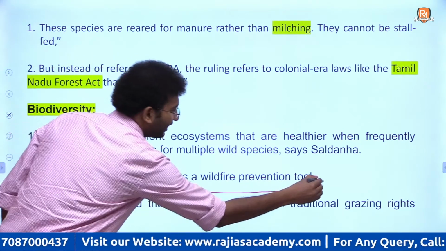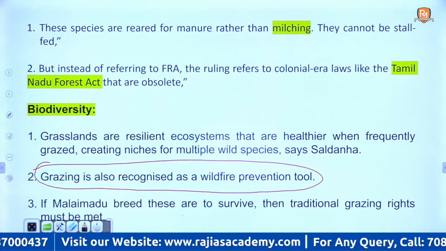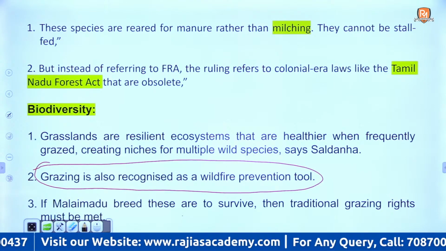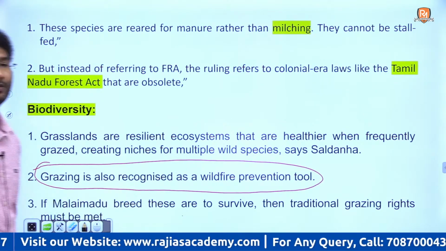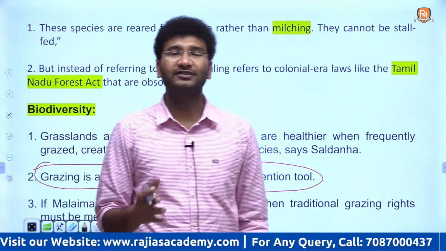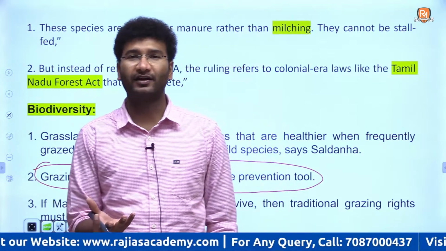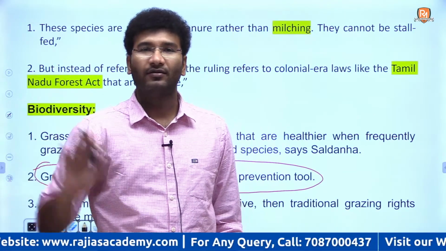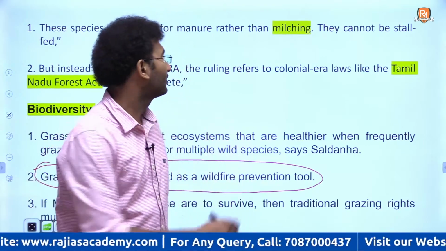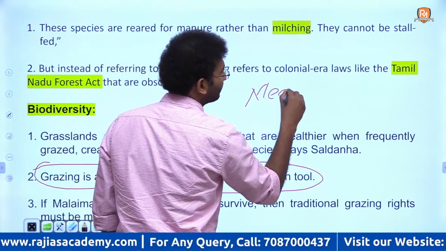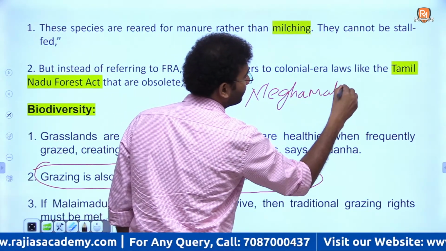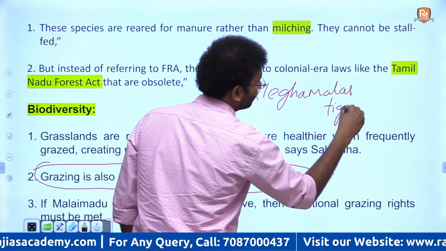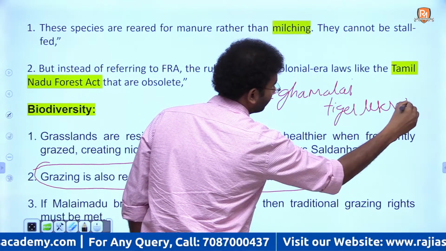It also says that grazing is recognized as a wildfire prevention tool as well. If Malaimadu breeds need to survive, there is only one solution, that is allowing them to feed on the Meghamalai Tiger Reserve, right.